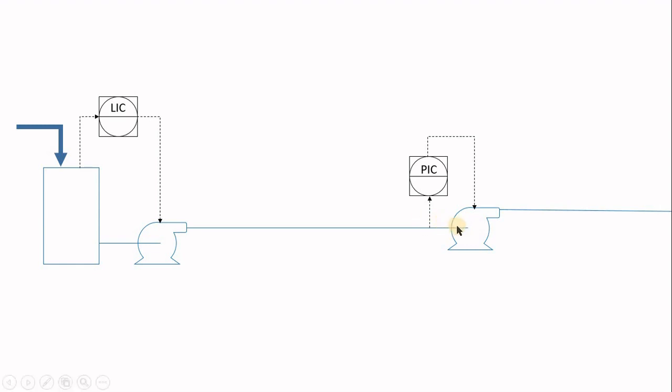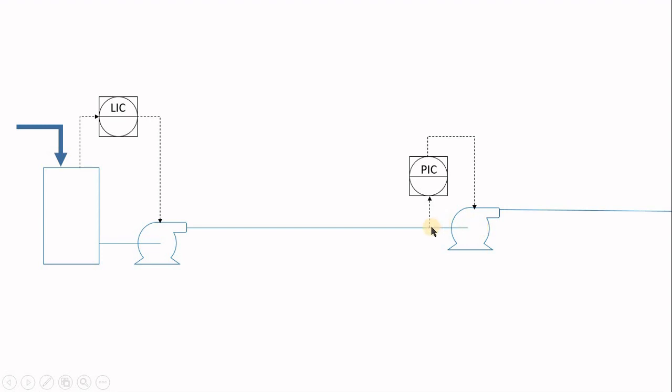So now we can share the load between the two pumps without sharing the LIC signal for both of them. Again, what we do is run the first pump on an LIC and run the second one on the PIC, which is suction pressure. If this pump runs at a lower speed, that means this pump now needs to reduce its capacity.